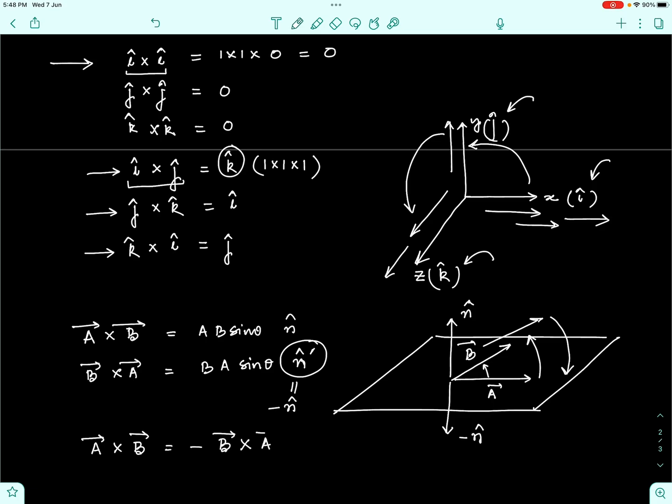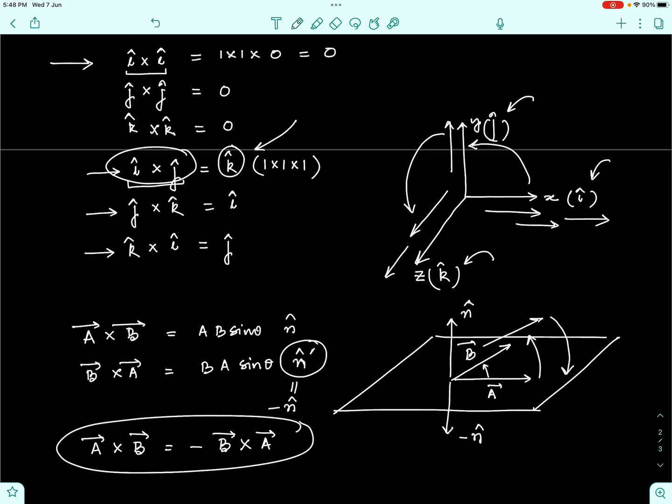Because magnitude wise the two will have the same value, but the direction of A cross B will be just opposite to the direction of B cross A. Hence this result. And now that we know this, we understand that if i cap cross j cap is k cap, then j cap cross i cap will be minus k cap, right? So I can write k cap as minus of j cap cross i cap.